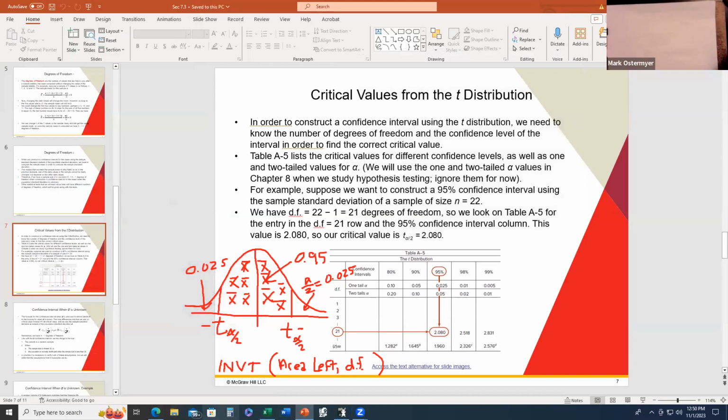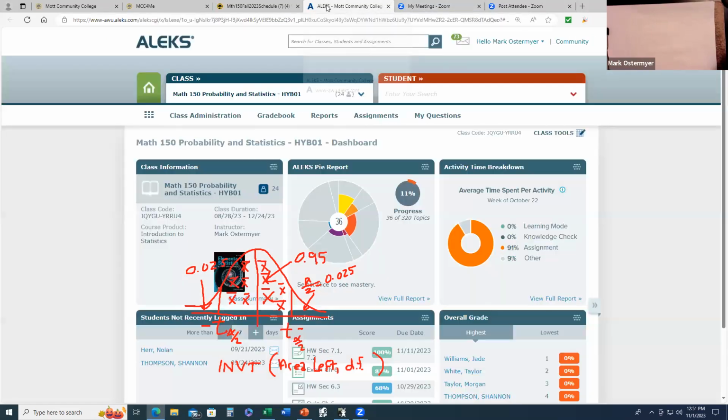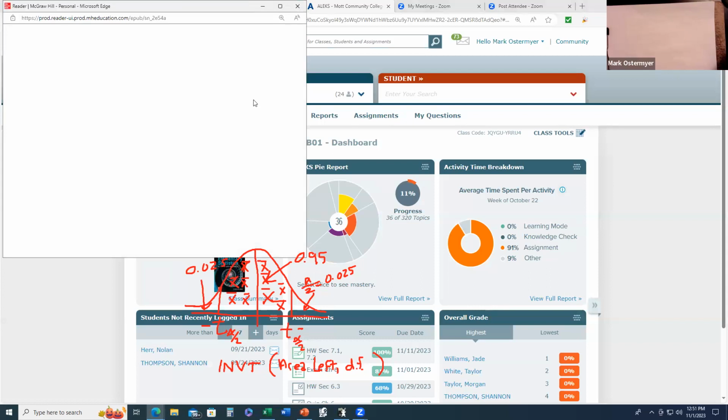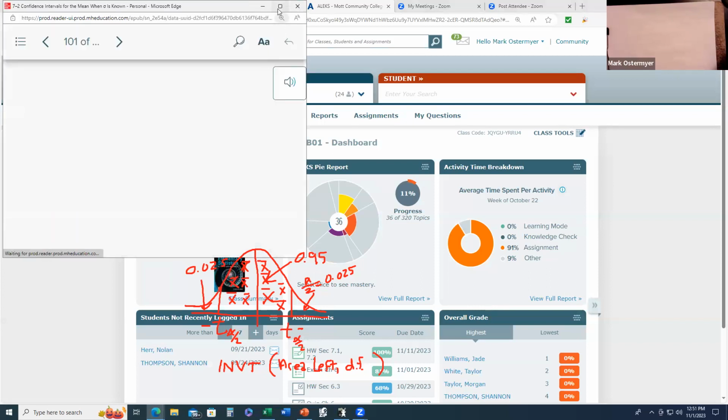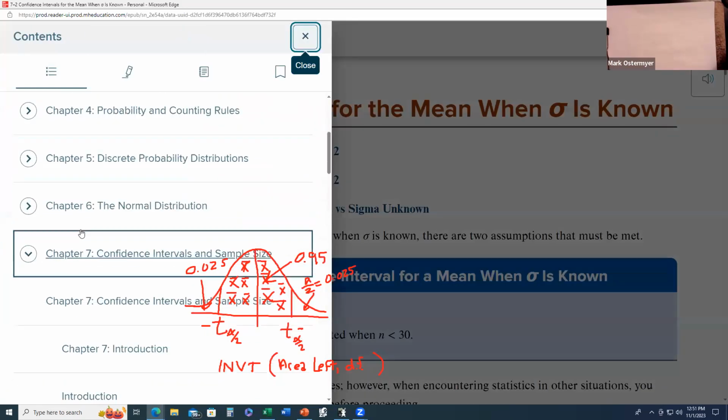Let's go to our textbook here. Because some TI-84 calculators do not have the inverse T function. The silver edition does, but not all of them. And if you don't have it, like I said, all is not lost. You have a table in your book called a T table. Right? Got to go to our appendix.